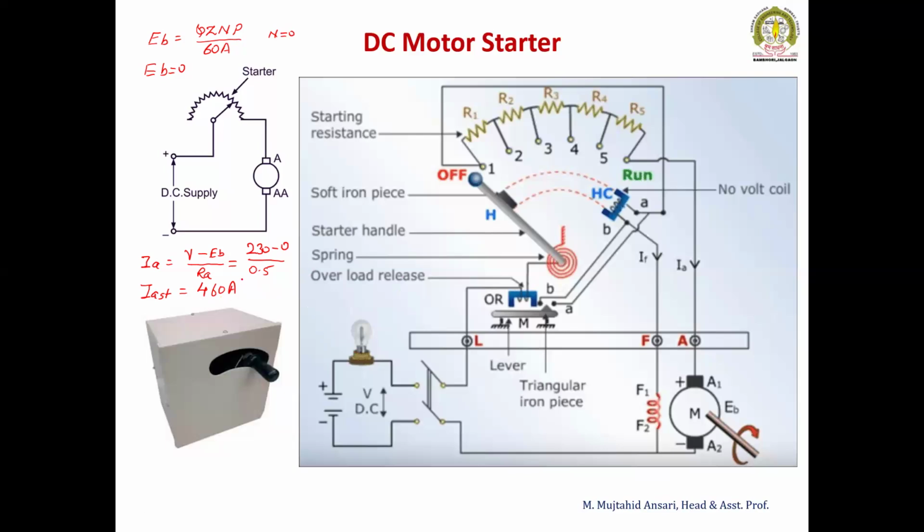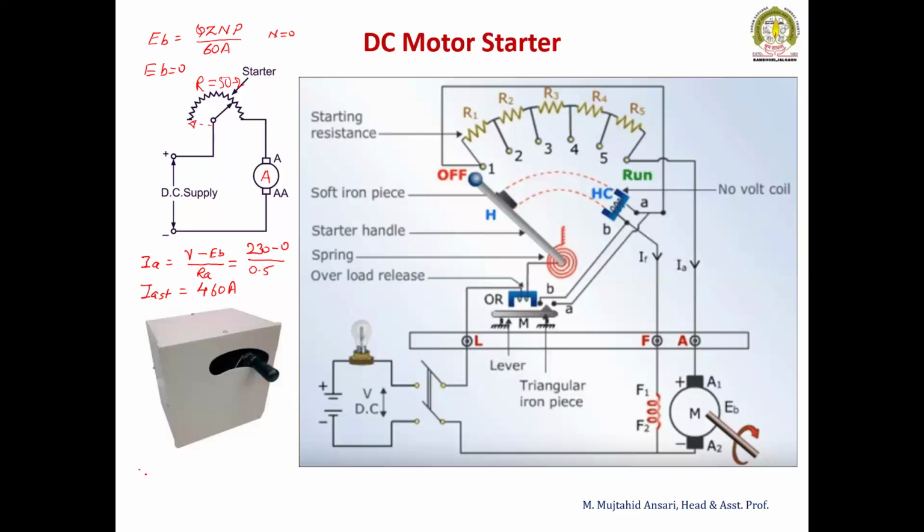To avoid the high value of starting current and damage to our motor, we will insert some resistance in series with the armature. Let this resistance R be, for example, 50 ohm at the time of starting, when the arm is placed at the starting position.